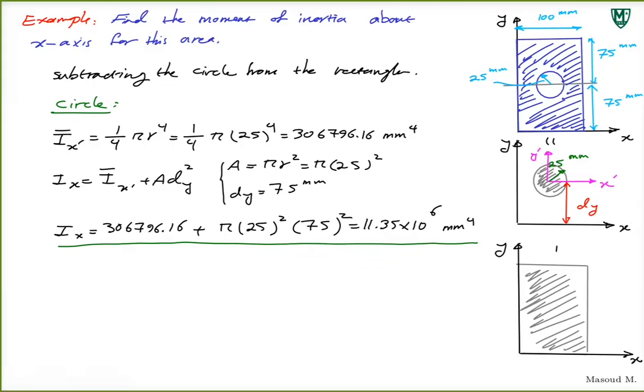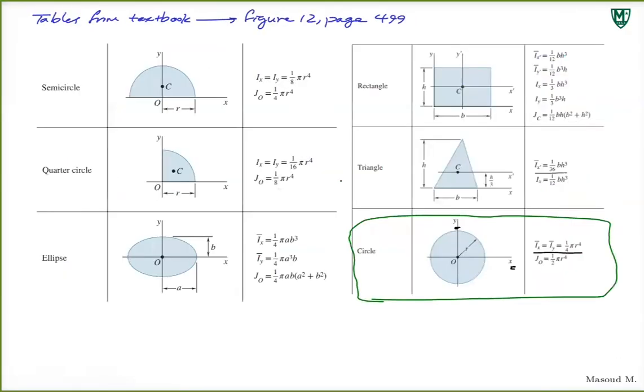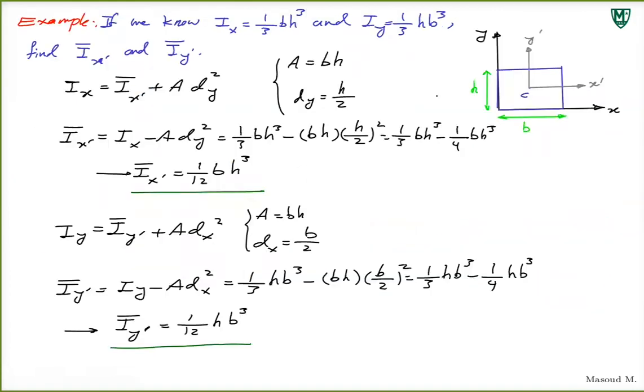If this is the center of this rectangle, for this you don't even need to use parallel axis theorem, because in the table you are given the area moment of inertia of a rectangle with dimensions b and h about axis passing through each side. So you can actually use this directly, or we can go with this and use parallel axis theorem. They give you the same thing, right? In this example, we saw that we can go from one to another.